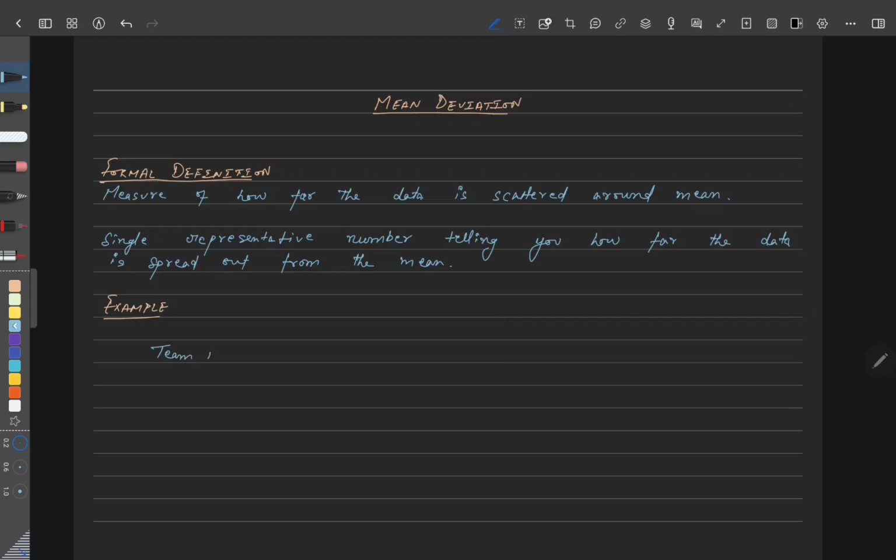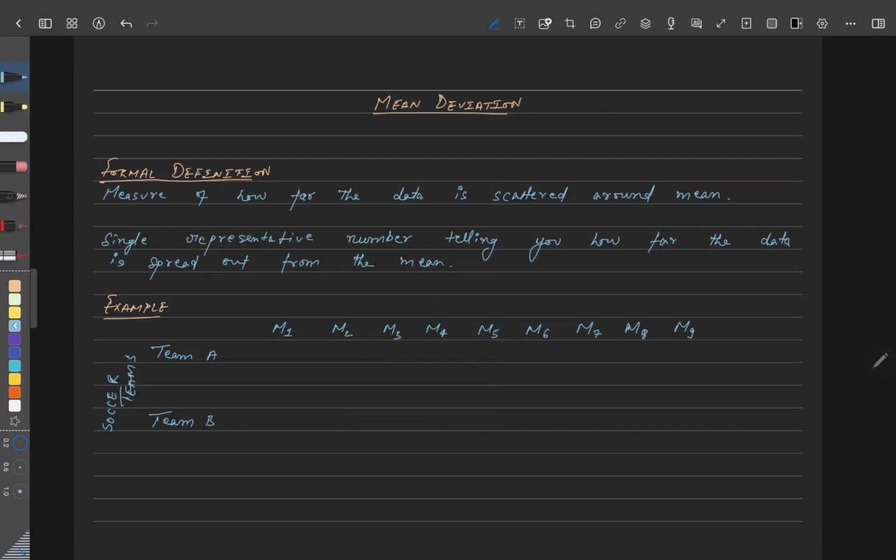We have team A and then we have team B, and these are soccer teams. And we are recording the data across 9 matches: M1, M2, M3, M4, M5, M6, M7, M8, M9.